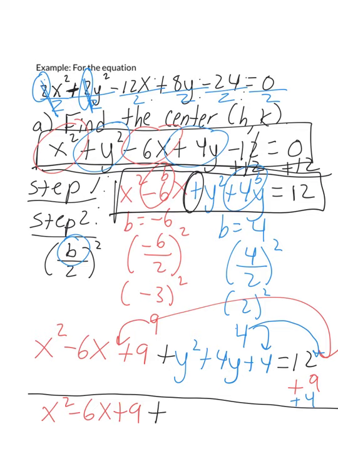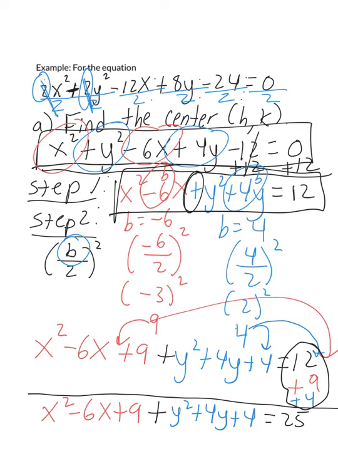Bring the plus symbol down in the middle. In blue pen with the y's, we got y squared plus 4y plus 4. Bring down the equal symbol. So 12 plus 9 is 21, plus 4 is 25. So when you combine your numbers on the right side, you should be getting 25.